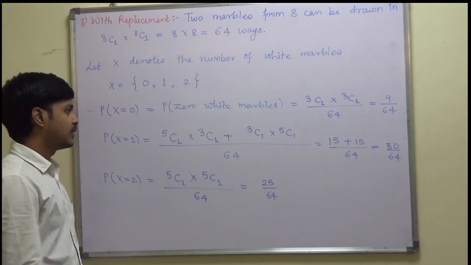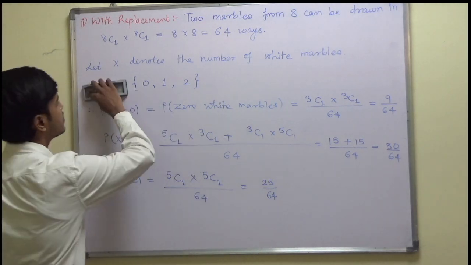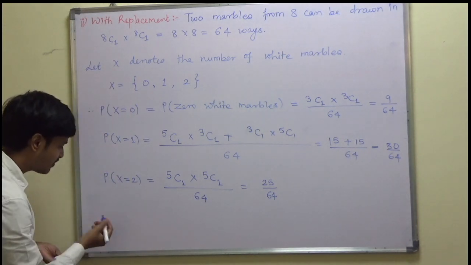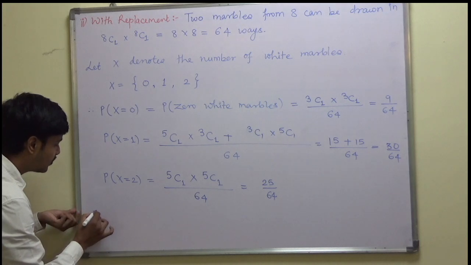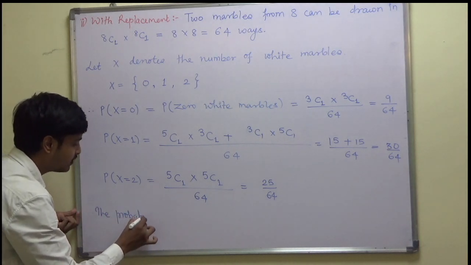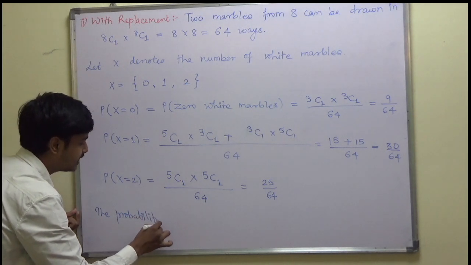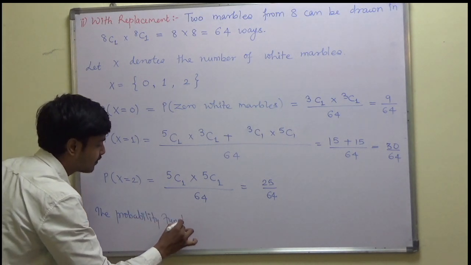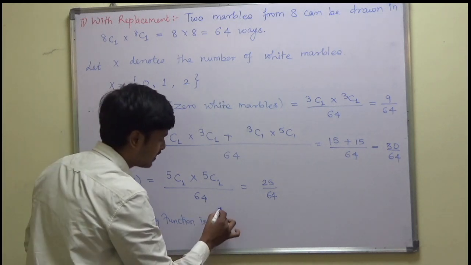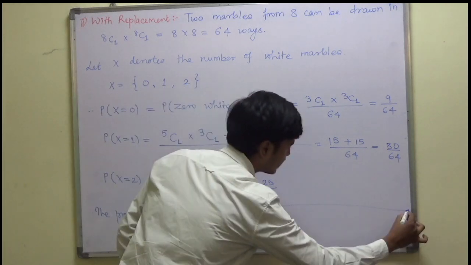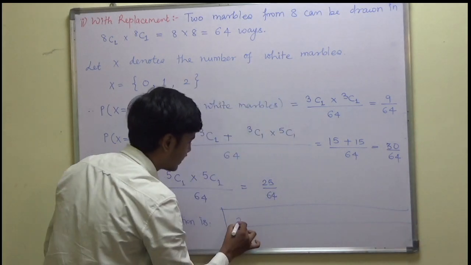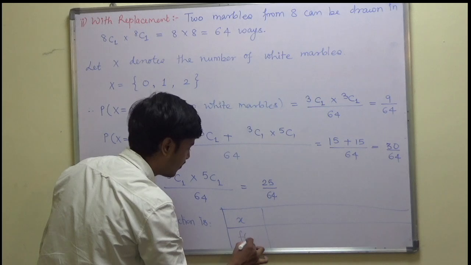Okay, so you got these values. Now just try to write down the probability function. Therefore, the probability function is, what is the probability function? You just have to draw a table. You can write here x, here f of x.